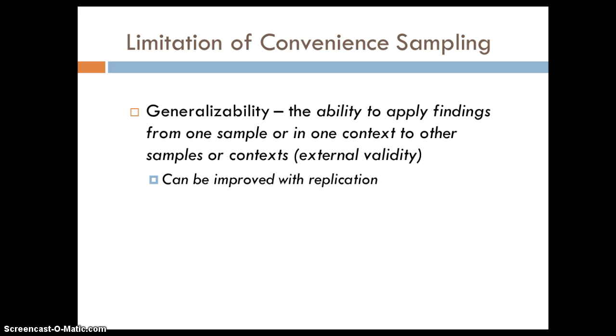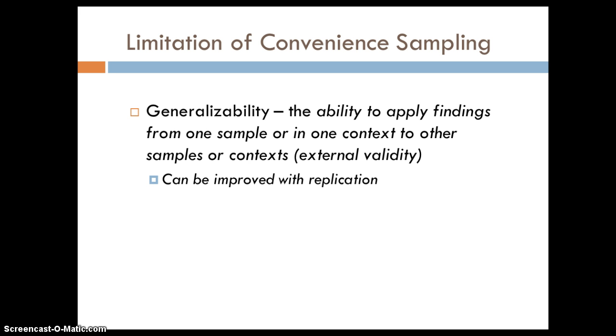Now, if you have limitations to generalizability because you don't have a random sample, you have a convenience sample, then you can actually improve that with replication. Perhaps you have a friend who's doing research at another school and they can collect data at their school as well. So maybe it's a larger state school, and we can see whether or not the relationships among variables that we find at Goshen are the same or they're different.